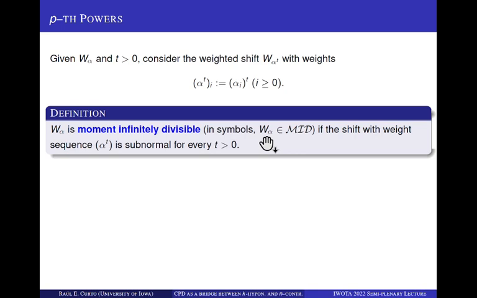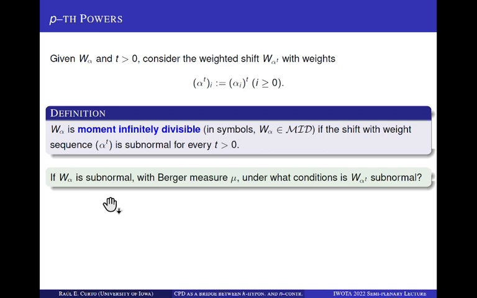This has immediate connections with infinitely divisible matrices, in the theory of probability especially. And the connection is that once I have the weights in this form, I can form the associated moment matrices, and those moment matrices have properties connected with infinitely divisible matrices.